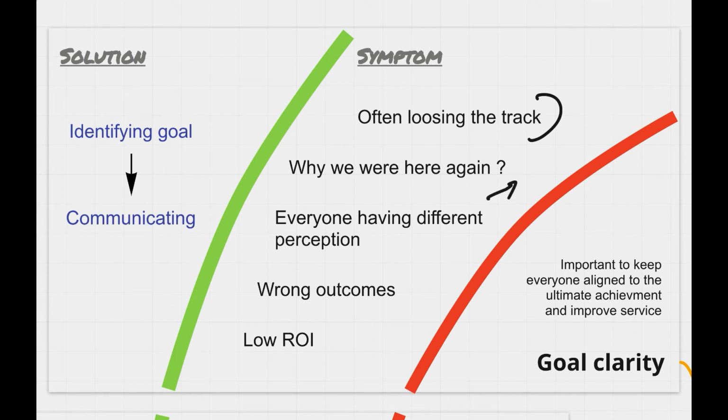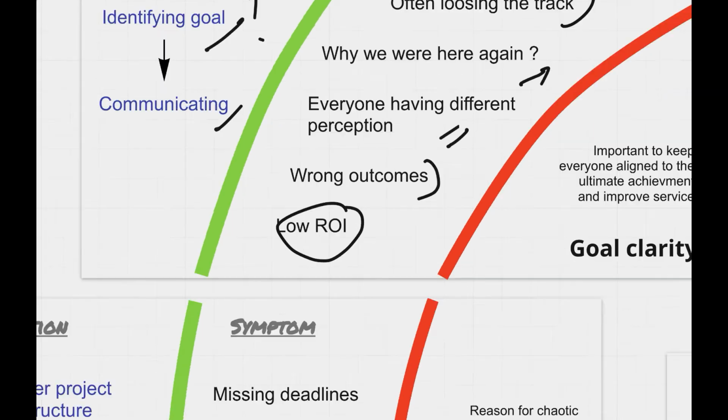Everybody in the team would have a different perception of what is actually going on. This creates chaos and ultimately leads to wrong outcomes which you never imagined, leading to overall low return on investment. A probable good solution is identifying the goal and communicating it with the team. We'll see in the other slides how you can actually identify the goal and communicate it with the team.